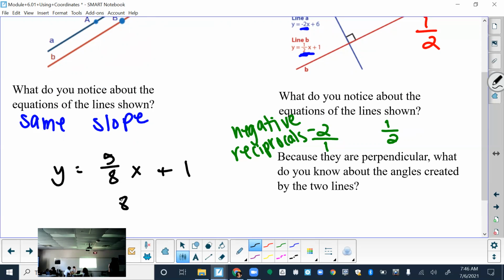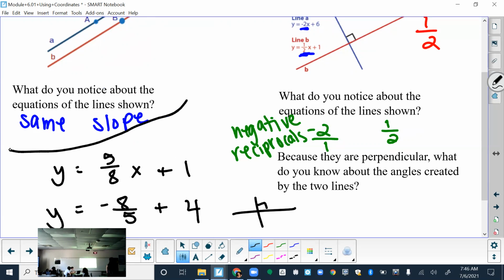It fits. Good. And then change the sign on it. So if it was positive here, it becomes negative here. This number can be any number. It could be 2, it can be 4, it doesn't really matter. Because these slopes are negative reciprocals, the lines are going to end up being perpendicular. All right, it'll always have a 90-degree angle if that's the case.